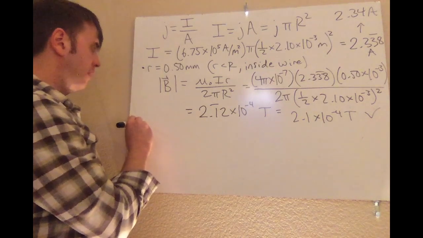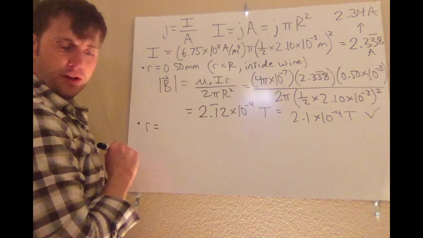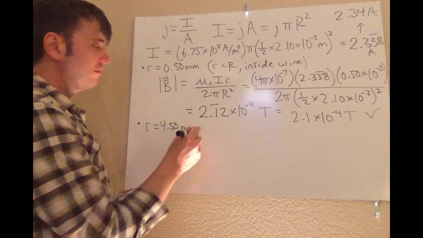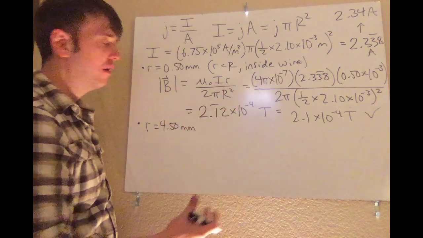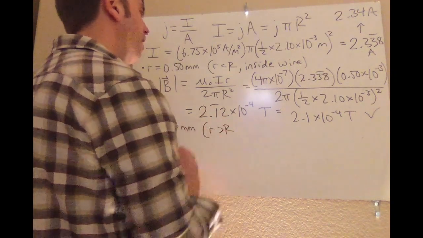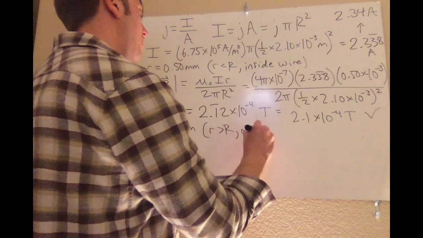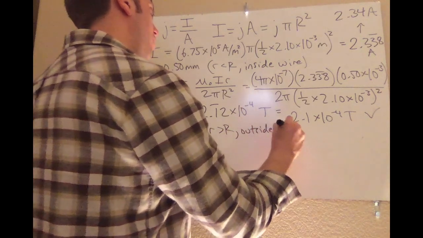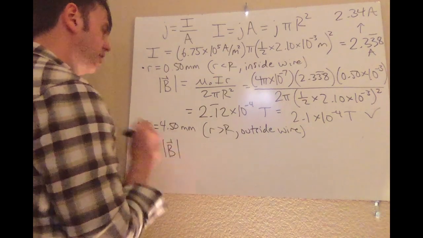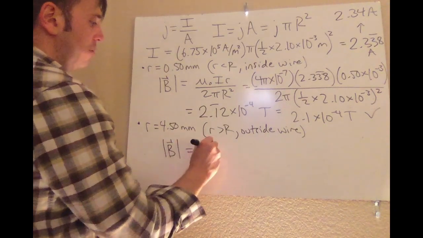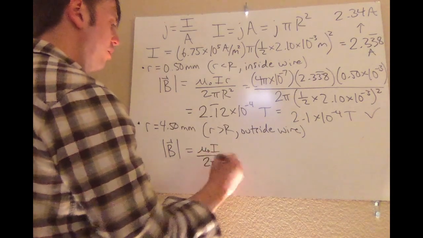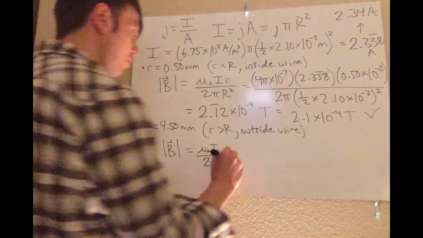Okay, next, we're going to have R equal to 4.50 millimeters. And of course, now we're outside of the wire because this is bigger than the radius of the wire. And that means the formula for magnetic field that's relevant is mu naught times I divided by 2 pi times R. So what does that look like?